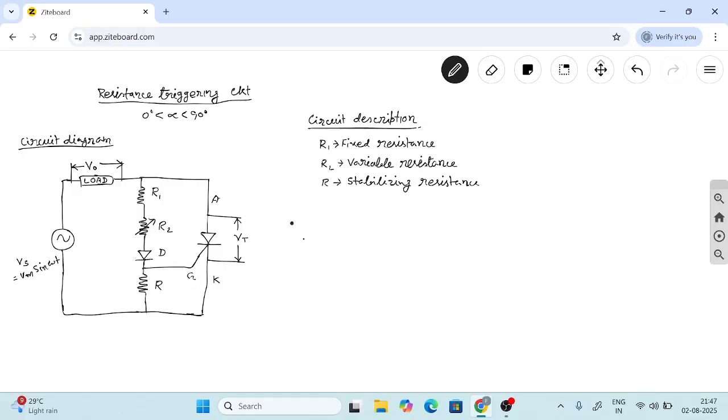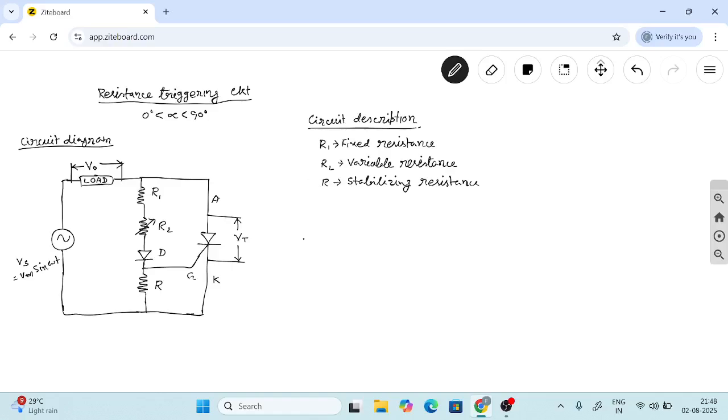And R is the stabilizing resistance which is used to control the gate voltage of SCR. So here R1 should be such that the gate current should not exceed its maximum possible gate current. So current will flow whenever R2 becomes 0.